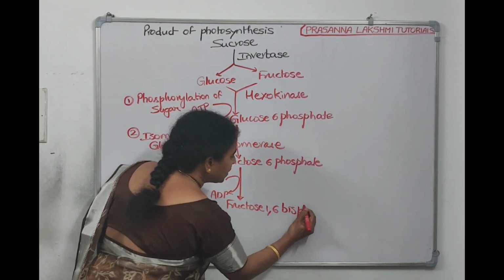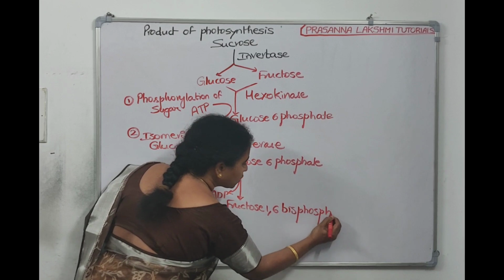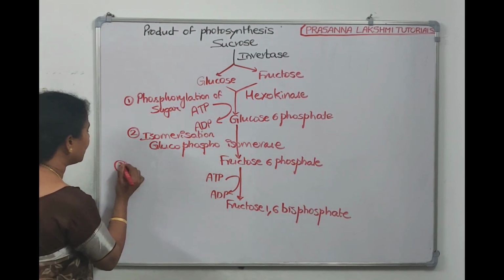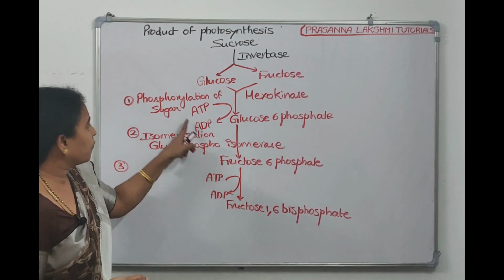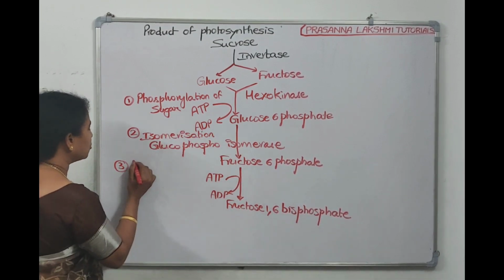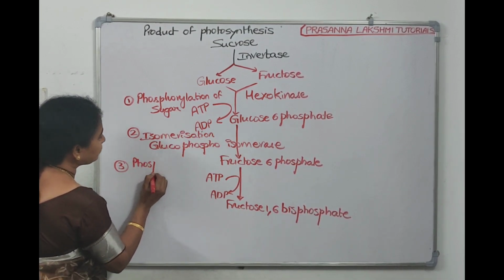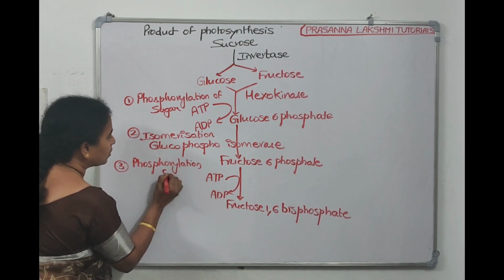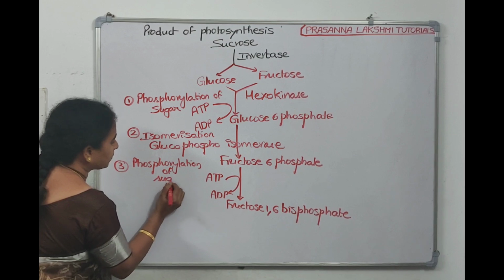Fructose 1,6 bisphosphate is formed in this reaction. So reaction number 3 is again phosphorylation of the sugar.